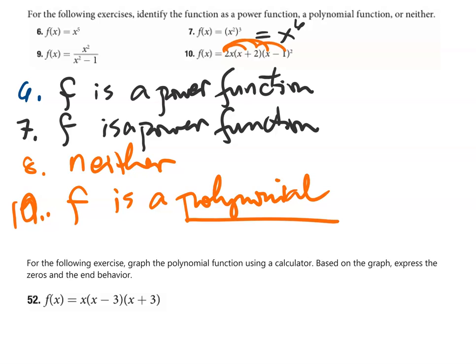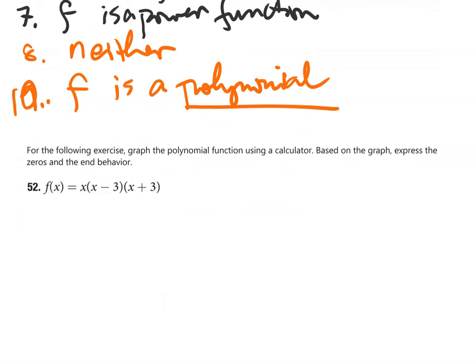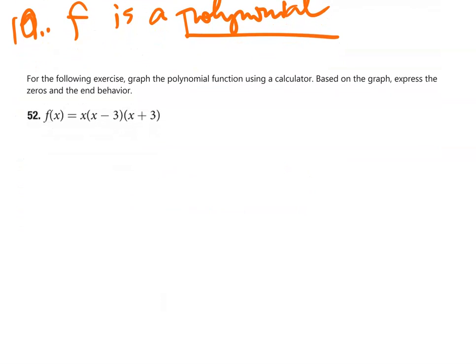Okay. Next, for the following exercise, graph the polynomial function using a calculator. Based on the graph, express the zeros and the end behavior. So, use a calculator. All you have to do is just enter this. If you use a graphing calculator, a TI calculator, or Desmos, just enter x times x minus 3, x plus 3.